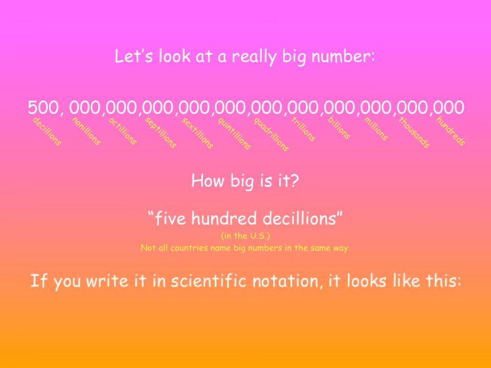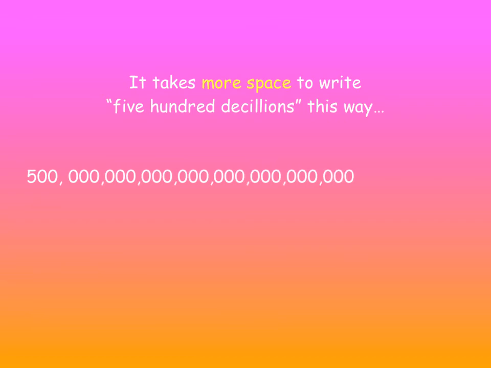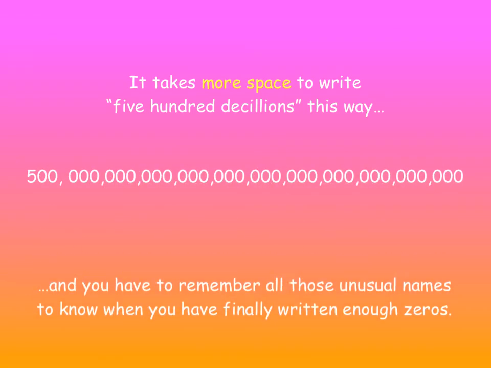If you write it in scientific notation, it looks like this. 5 times 10 to the 35th power. You could just write a 5 with 35 zeros after it. It takes more space to write 500 decillions this way, and you have to remember all those unusual names to know when you've finally written enough zeros.